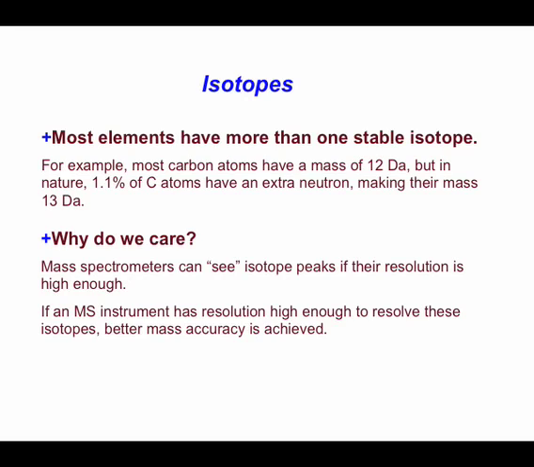So why do we care about this? Why am I saying all this? Who cares about the isotopes? The mass, as I said, is defined by round numbers, but this is not enough for us. It is not enough for us to say that a mass of something is 300, 400.